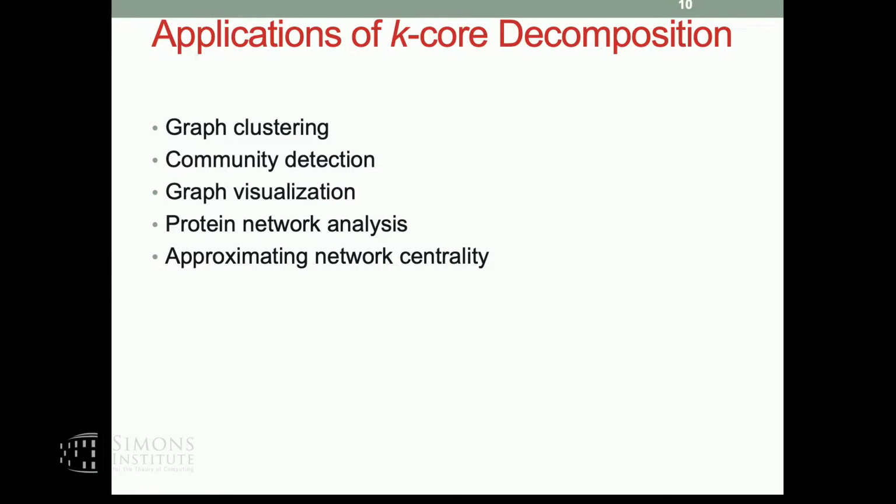You want to be able to zoom in on appropriate parts of your graph. If you want to look at a dense part, then you zoom in there, and a k-core decomposition will allow you to do that efficiently. But this task is approximate anyway, so it's fine to use an approximate decomposition here. And then there are some other applications like protein network analysis and approximating network centrality.